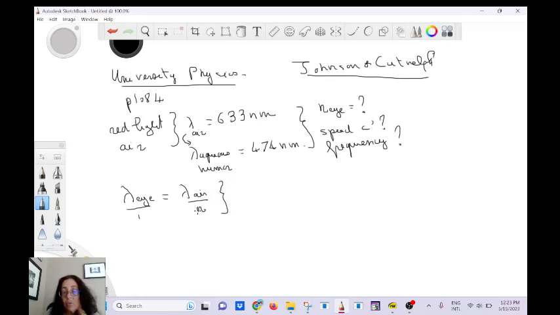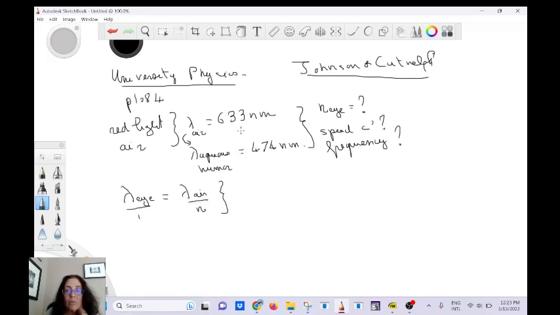That works because the index of refraction of air equals 1. Otherwise you will have to do it differently, but here it is straightforward.